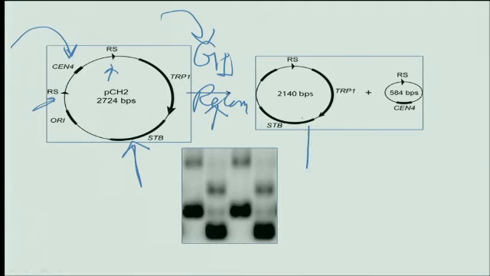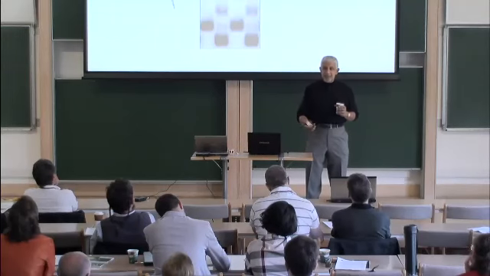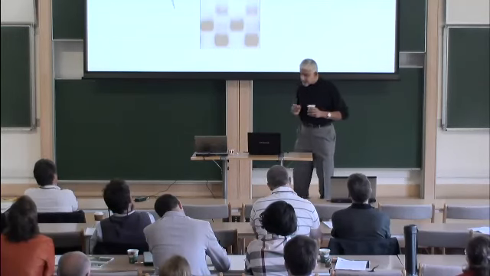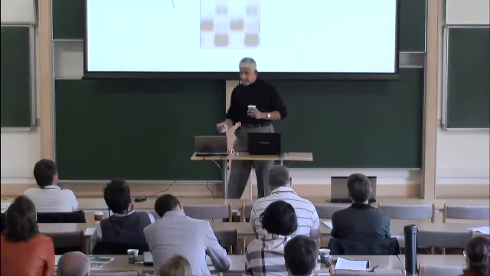So you have a circle that contains STB and a smaller circle that contains just the CEN, right? And then you can look at the topologies of these individual circles. And in this basic experimental setup, you could inactivate CEN or inactivate STB or inactivate both and ask how the topology changes. So this is essentially the experiment.